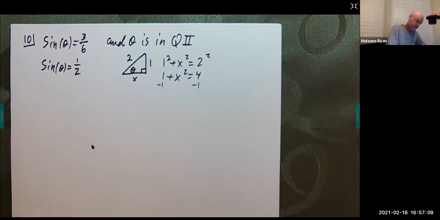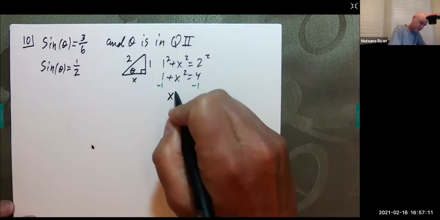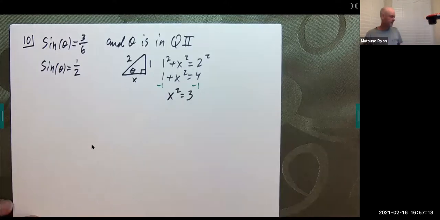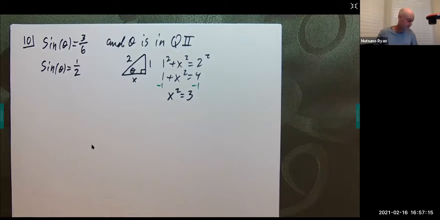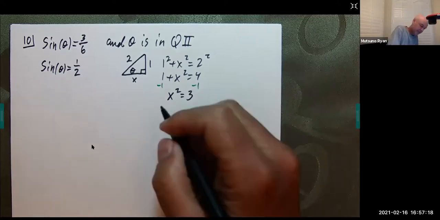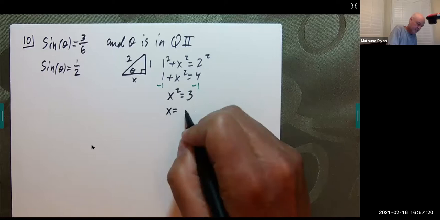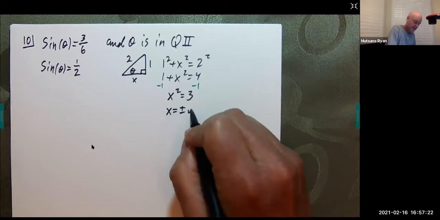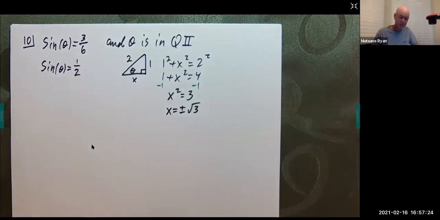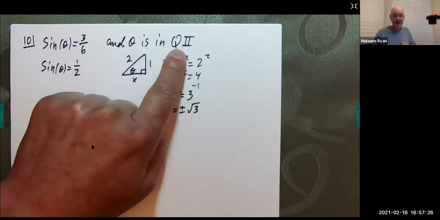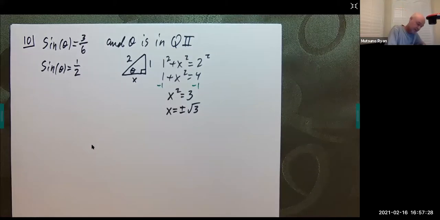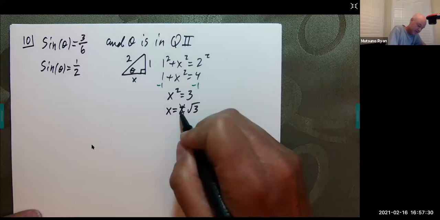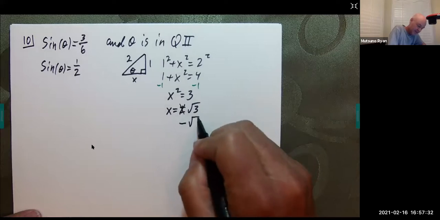Subtract the 1. You get x squared equals 3. This means that x is plus or minus root 3. Now, in quadrant 2, x is negative. So in actuality, x is negative root 3.